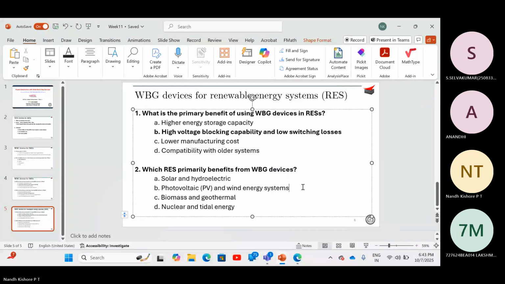Okay. So the reason is that, see, if you see the operation of PV systems, right? So if you see the characteristic of a photovoltaic cell, there is something called a maximum power point for a PV cell.